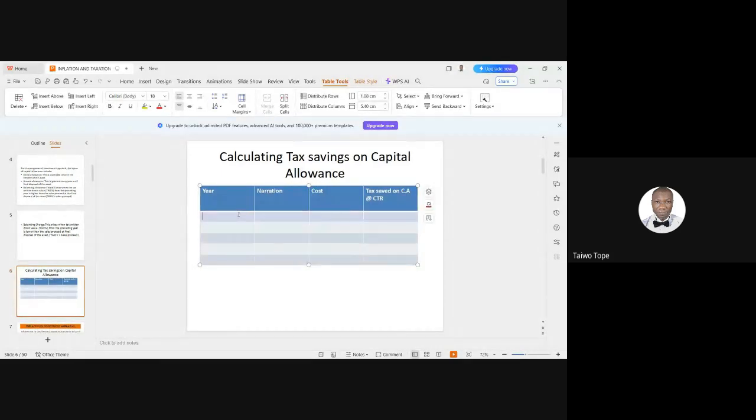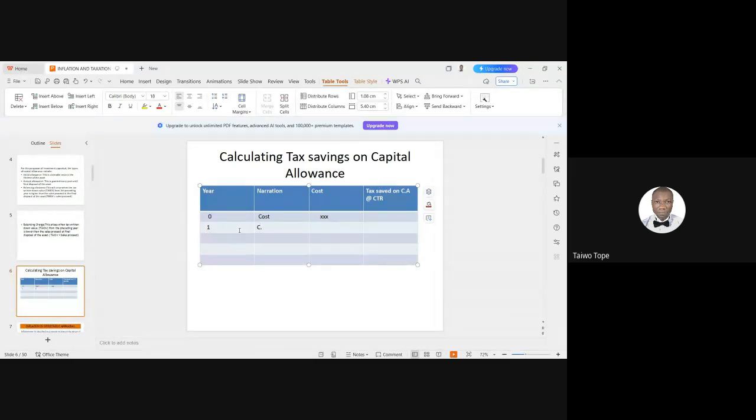So we can have the first year of investment, and the costs. This is just a format. As at the first year, we can have our capital allowance at the capital allowance rate.